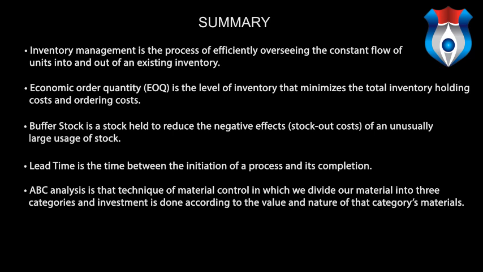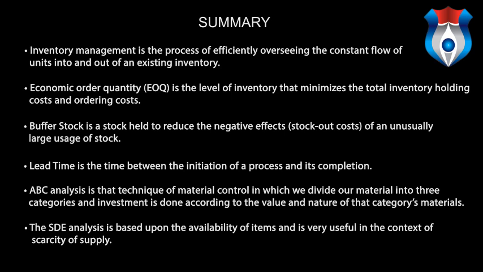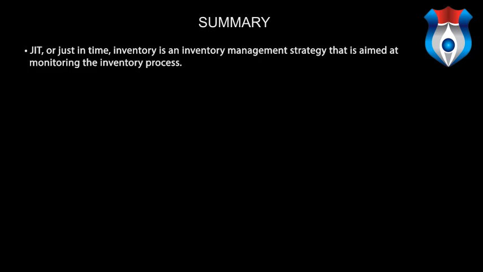ABC analysis is that technique of material control in which we divide our material into three categories and investment is done according to the value and nature of that category's materials. The SDE analysis is based upon the availability of items and is very useful in the context of scarcity of supply.